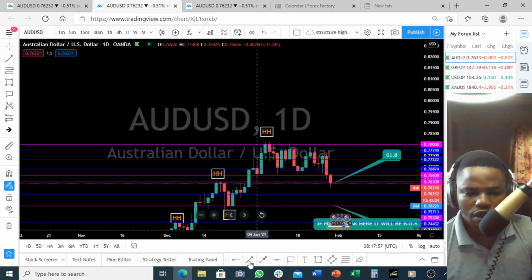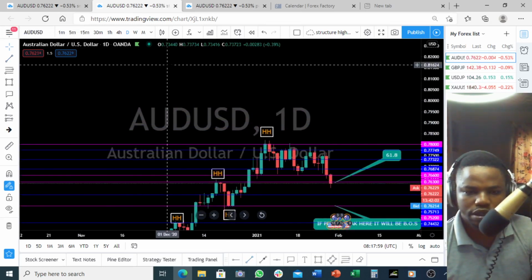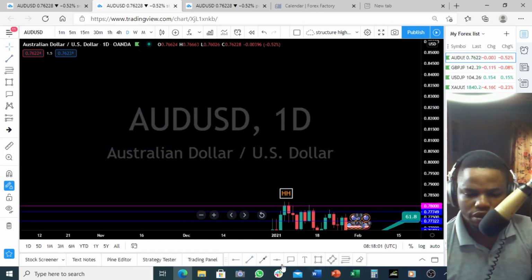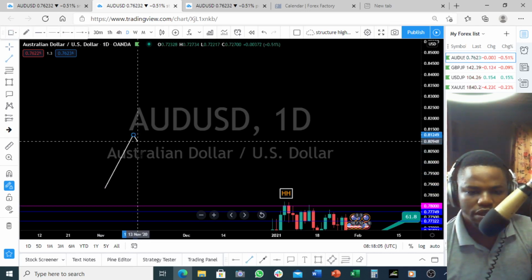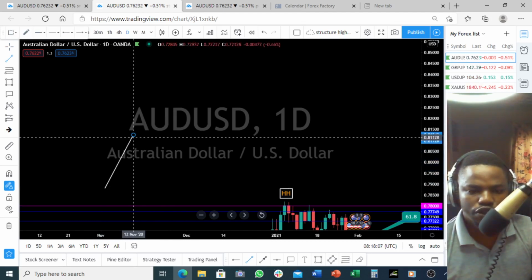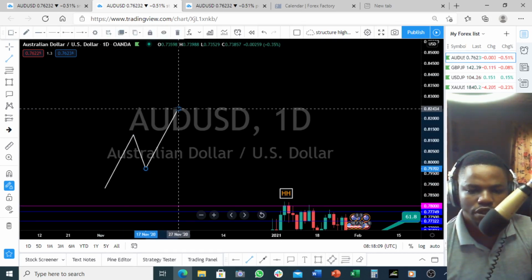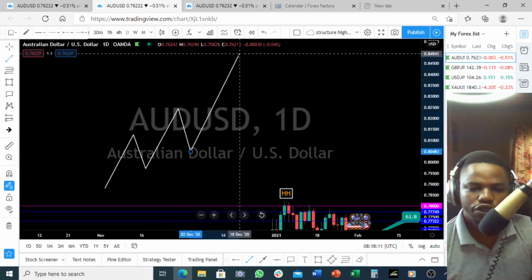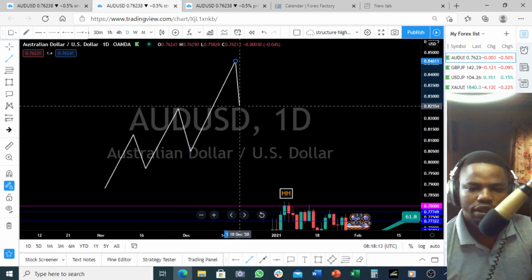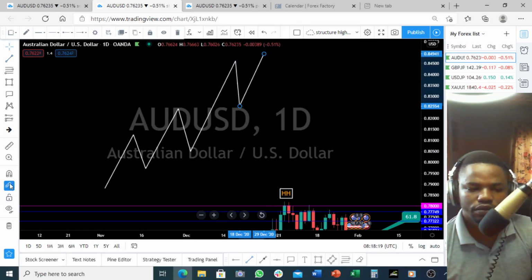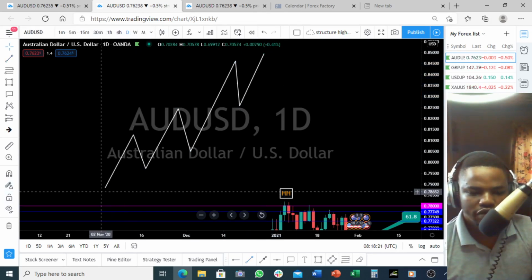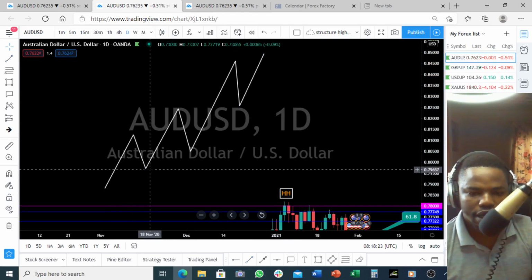Let's go back to our tutorials and try to remember the structure. How do we identify a structure? Higher high, higher low: push, pull back, push, pull back, push, pull back. It doesn't matter where it pulls back, and then pushes. Then we have a push, higher high, higher low, higher high.